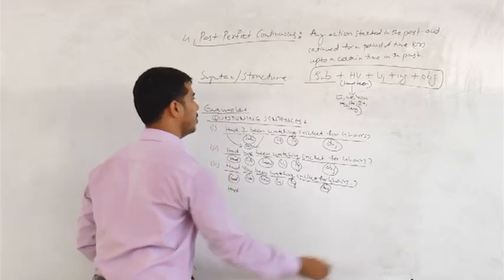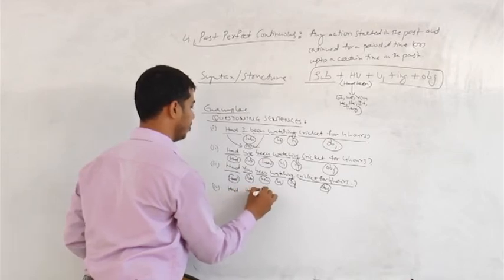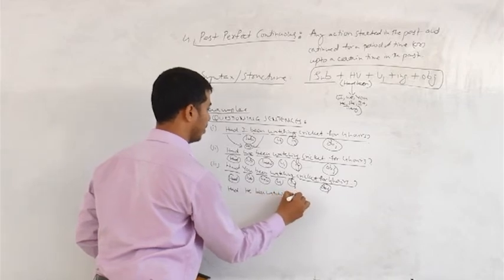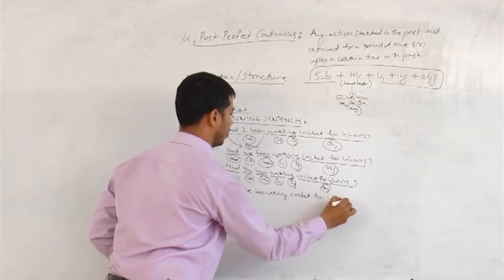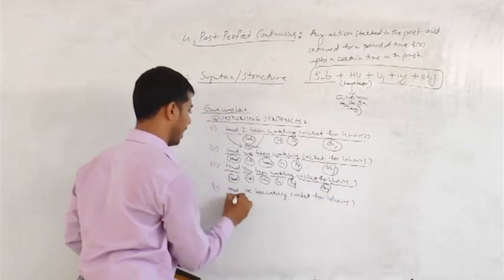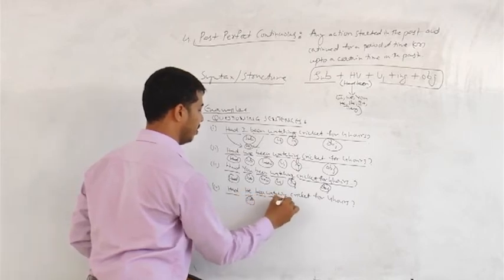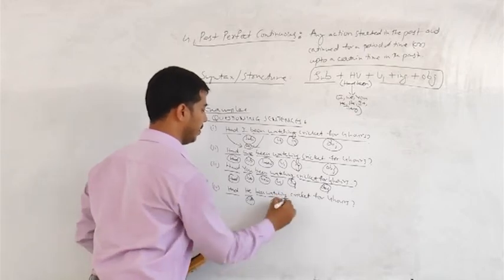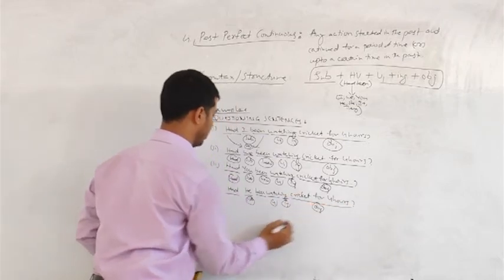Now let us go with the pronoun he. Had he been watching cricket for 4 hours? Had and been are helping verbs. This is the subject. V1 and ing is ing, and cricket for 4 hours is nothing but the object, right?